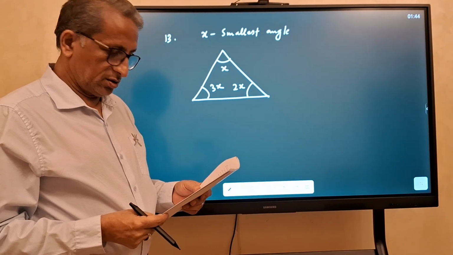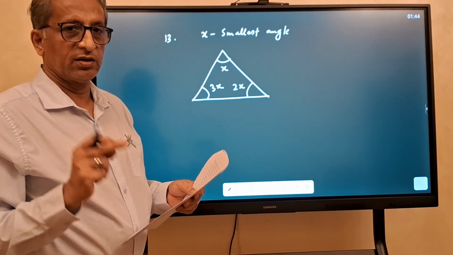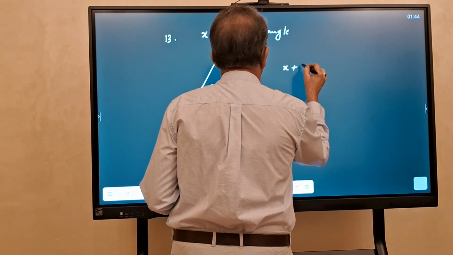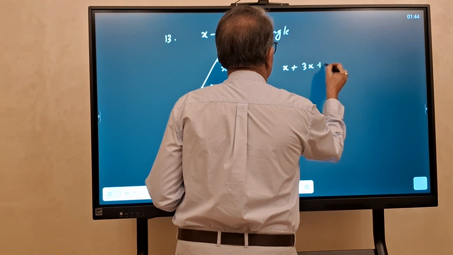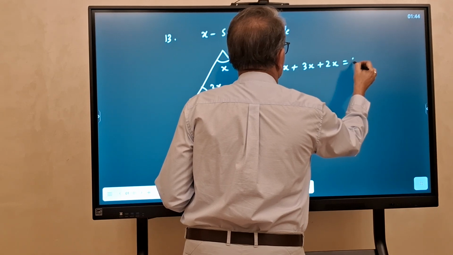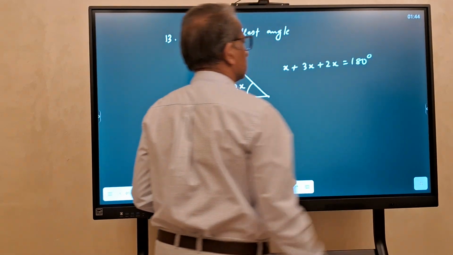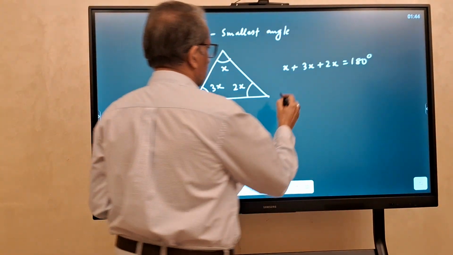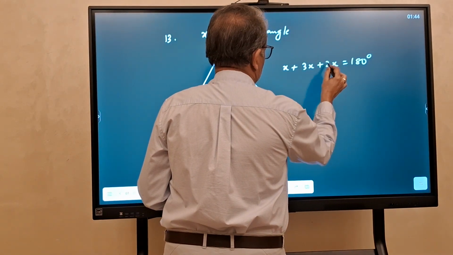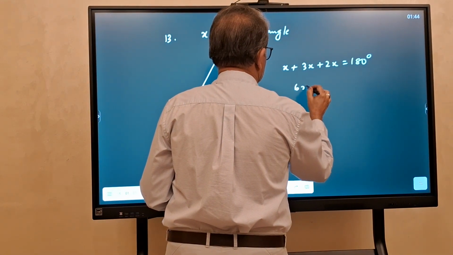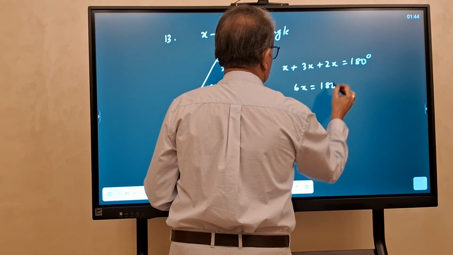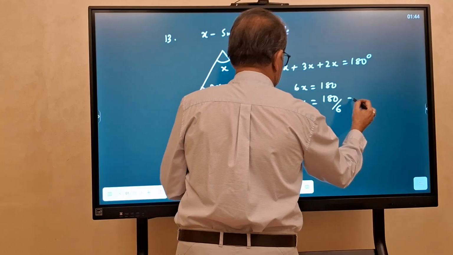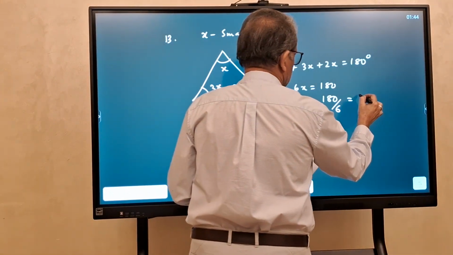So what is your question? Find the measure of all 3 angles. Just now I gave you that the sum of 3 angles is always 180 degree. So solving this, we have 1 plus 2 plus 3, 6. So 6x is equal to 180. So x is equal to 180 by 6, so it is 30.